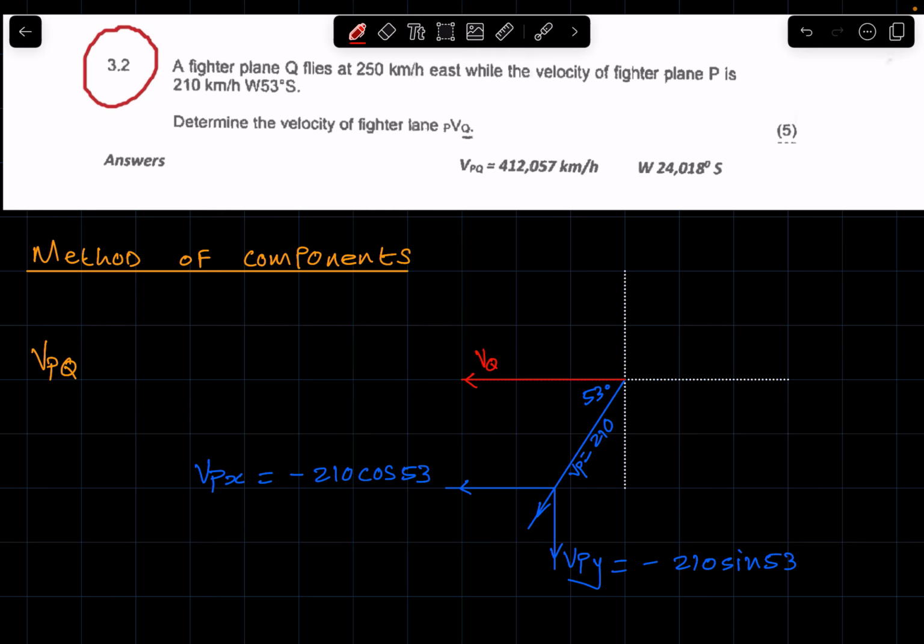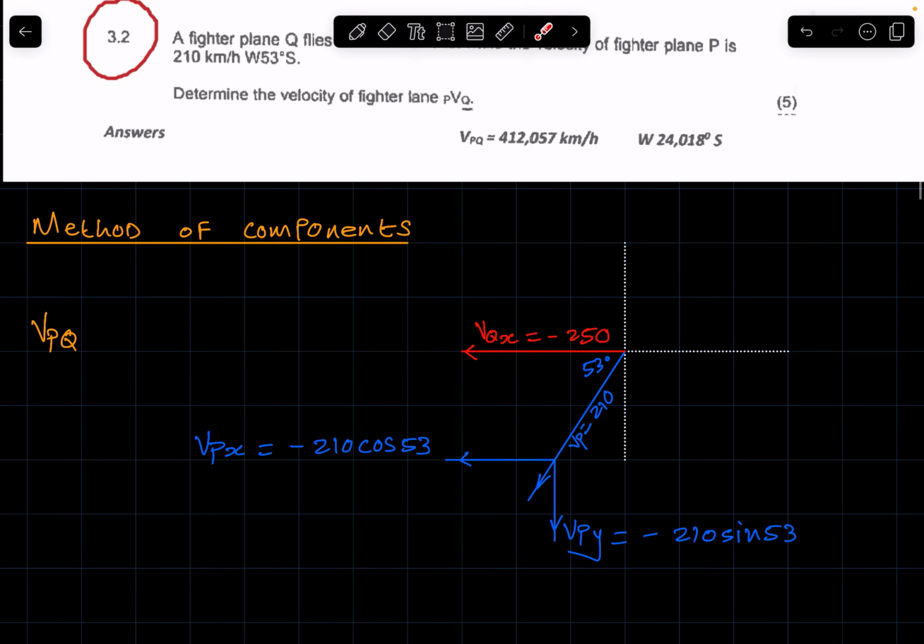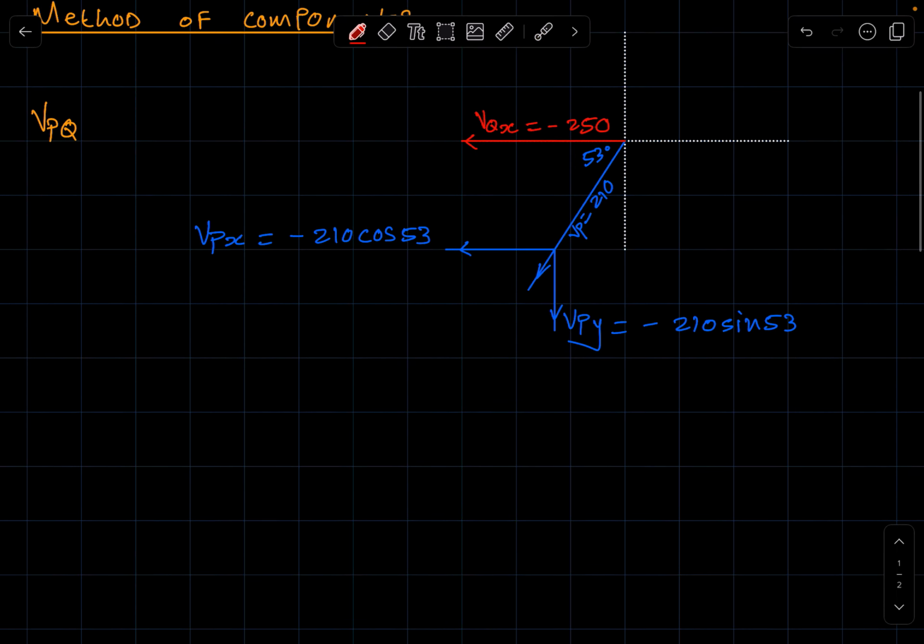So instead of just naming this VQ, we are going to name it VQX, and VQX is equal to, now this is headed west, so we are going to take this as being negative, so this will be negative 250. So again, if the vector you've been given is parallel to either of the axes, then you take that vector as its component when using the method of components.